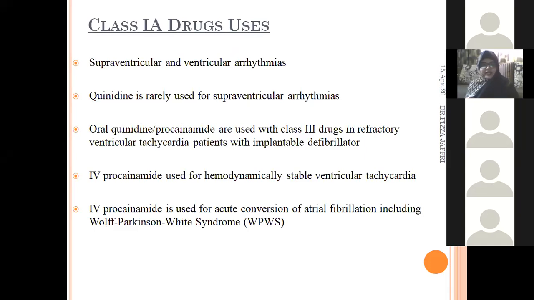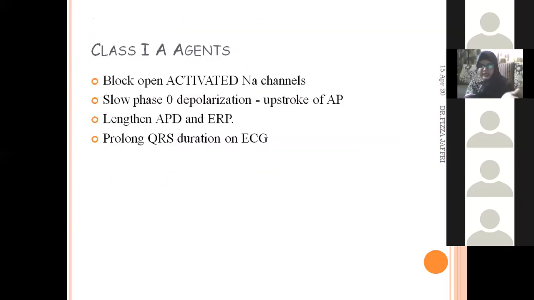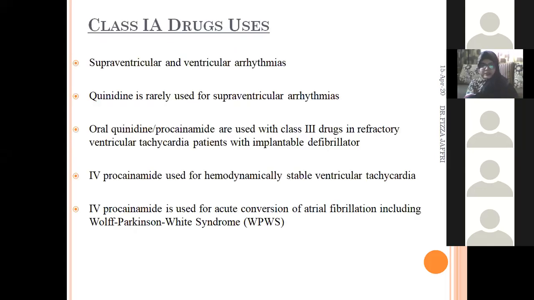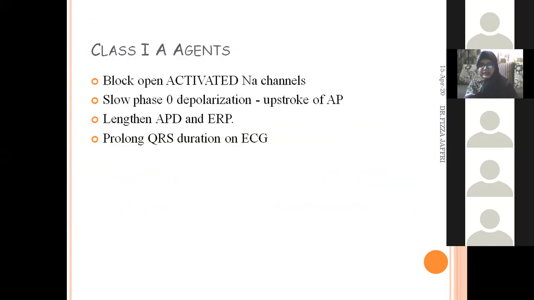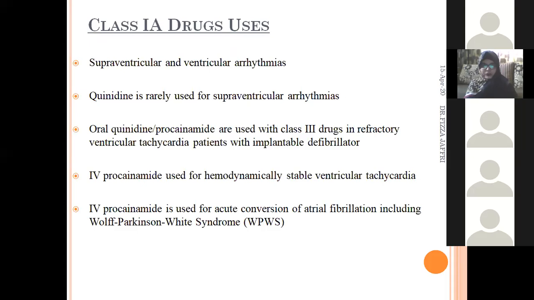Then you have class 1A drug uses. This is how it acts: it blocks the open activated sodium channels, and lengthens the action potential duration and the effective refractory period. So what are the uses? They are used for ventricular arrhythmias and supraventricular arrhythmias. Quinidine is rarely used, but it can be used with other class 3 agents in patients who have an implantable defibrillator.